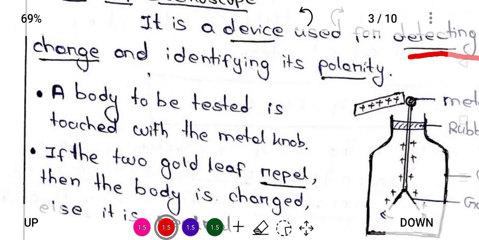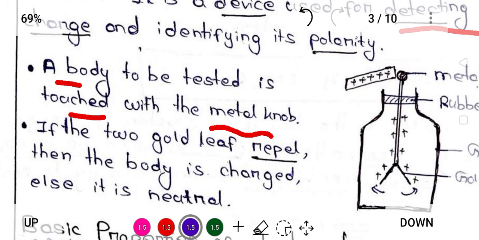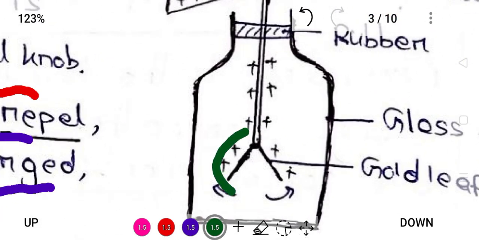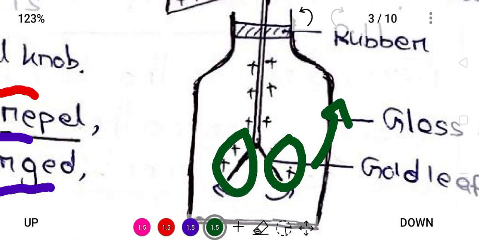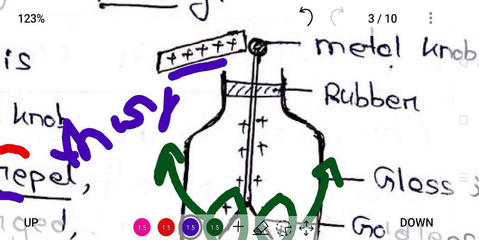So what are the steps? A body to be tested is touched with the metal knob. Okay, if the two gold leaves repel, then the body is charged, else it is neutral. It means if these two gold leaves repel, then the object that is in contact with the bob is charged.